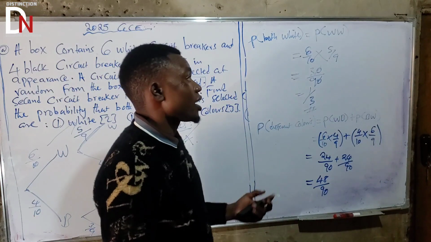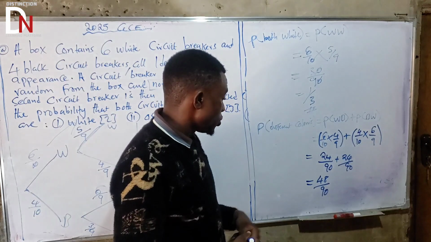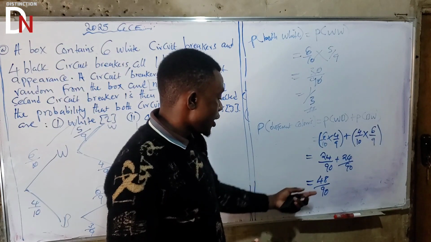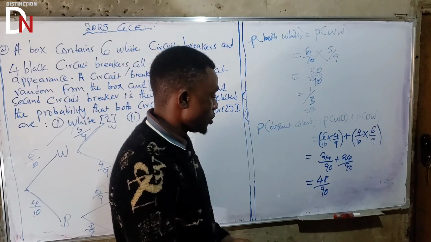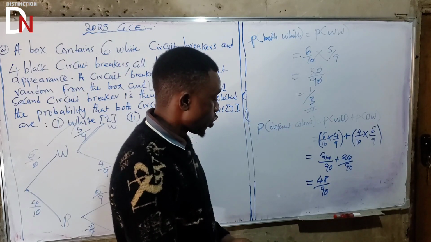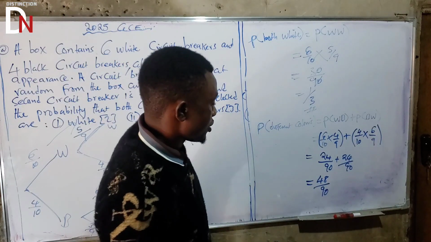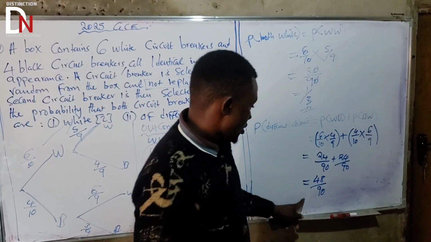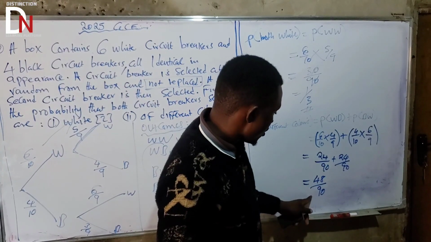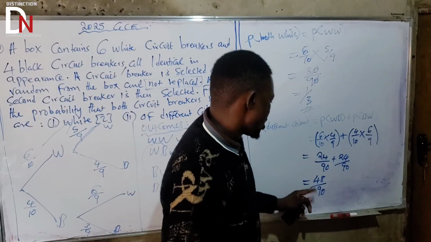Or if you can't find their highest common factor, what you can do is start reducing by the smallest number which can help you reduce this number. The number here is 6.